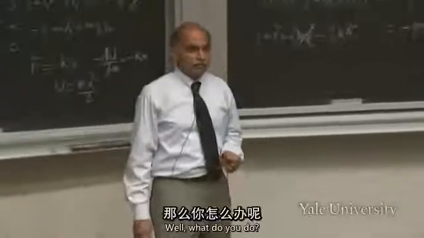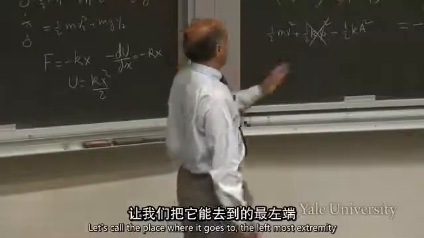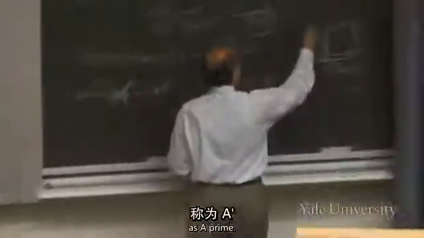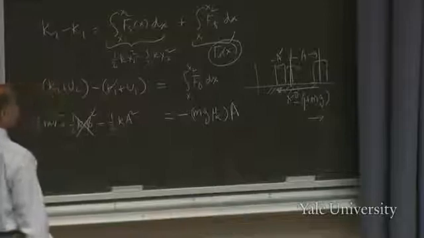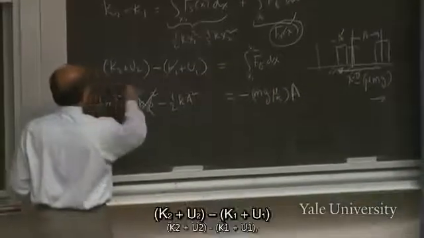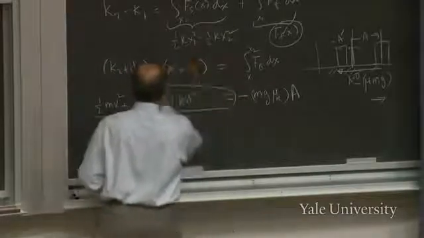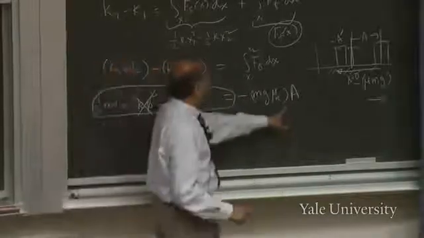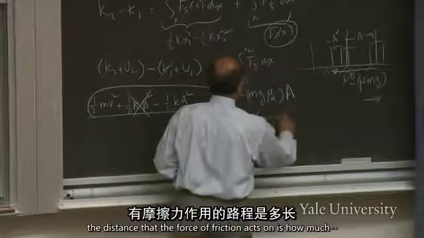Let's call the place where it goes to the leftmost extremity A prime. Then we don't know. So there, when you go to K2 plus U2 minus K1 plus U1, you will go back to this formula. First of all, the distance that the force of friction acts on is how much?